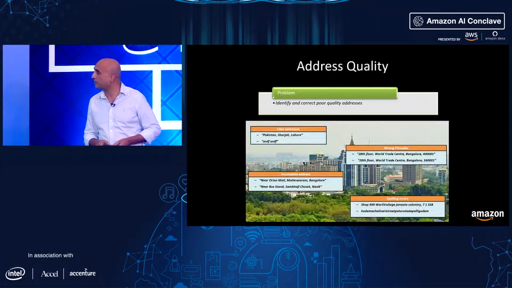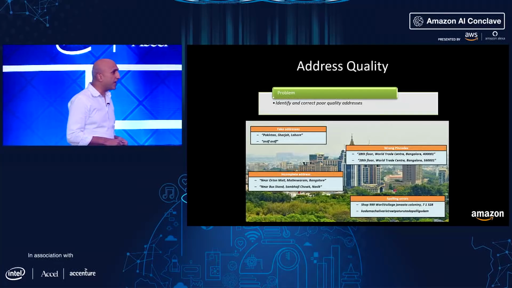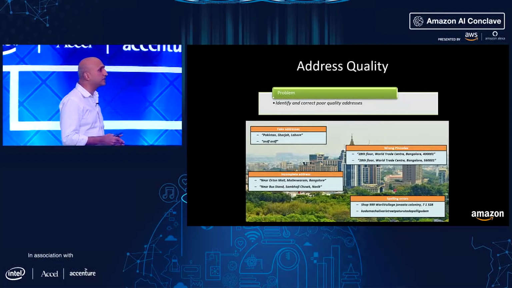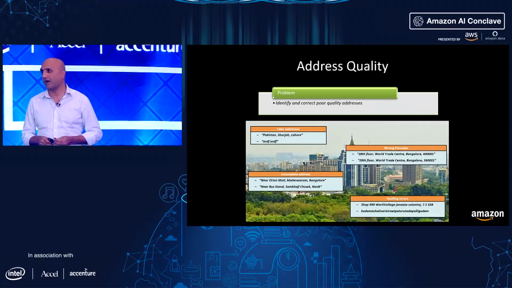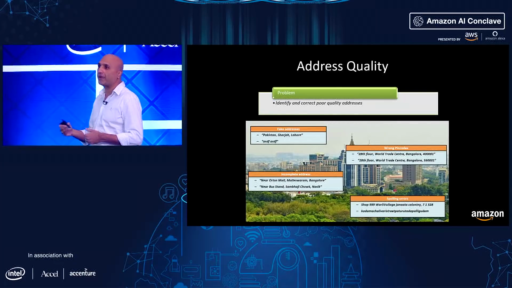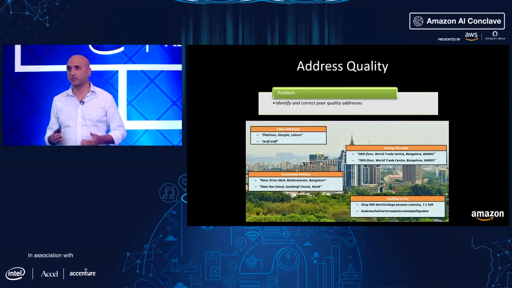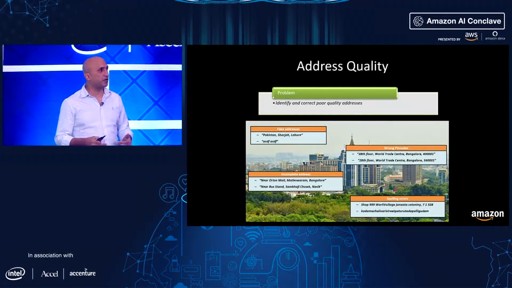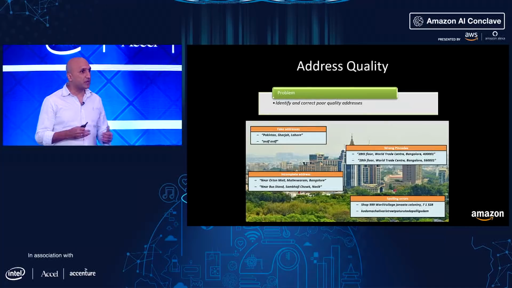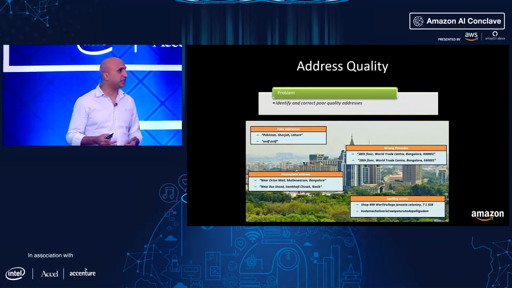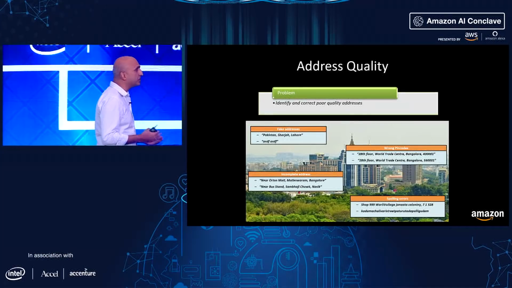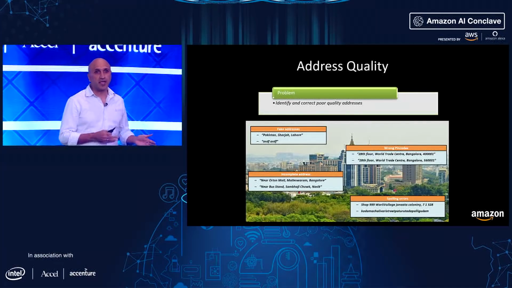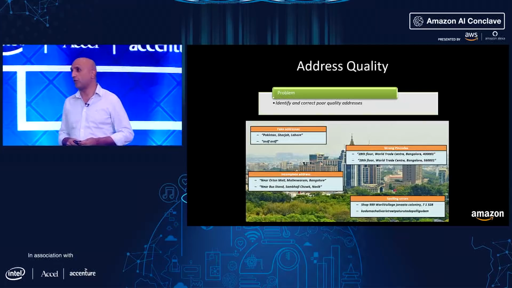Okay, so let's start off with address. Now, a customer's address is the single most important input that we use to deliver a package to a customer. Now, we are all interested in improving operational efficiency, and for this, we are using machine learning to both identify as well as fix poor quality addresses.